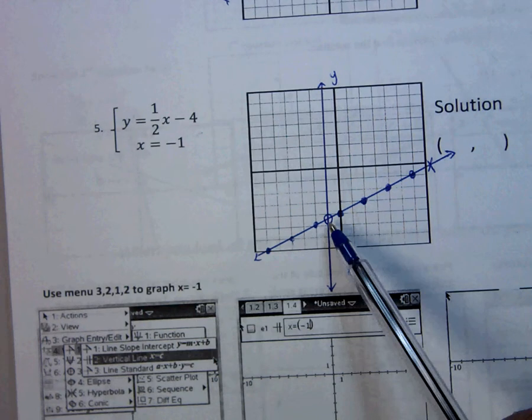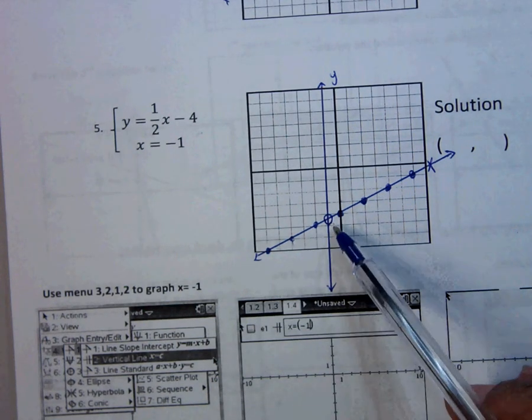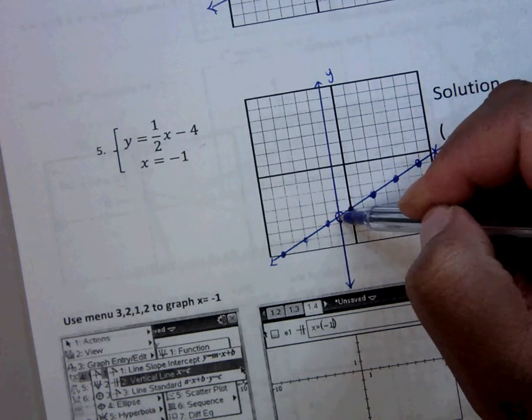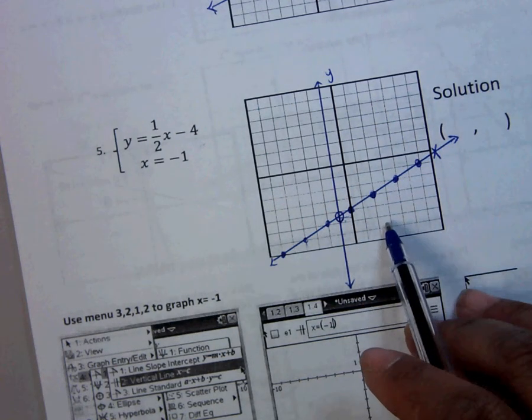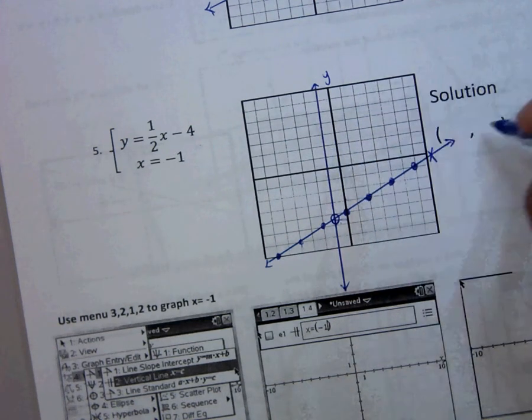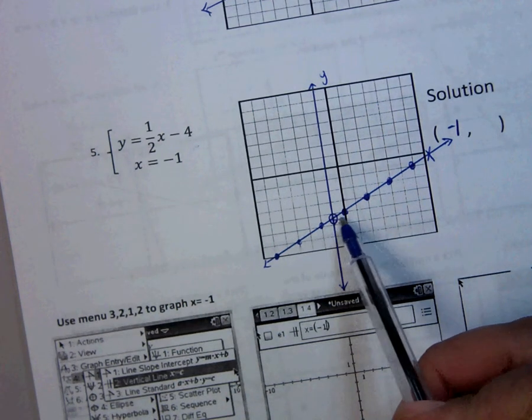Now, since this video is being done by hand only, we could only guesstimate. I intended for number 5 to be a calculator problem, but I want to do this by hand. So I know the x value is -1. The y value looks like it could be halfway, but I'm not sure.